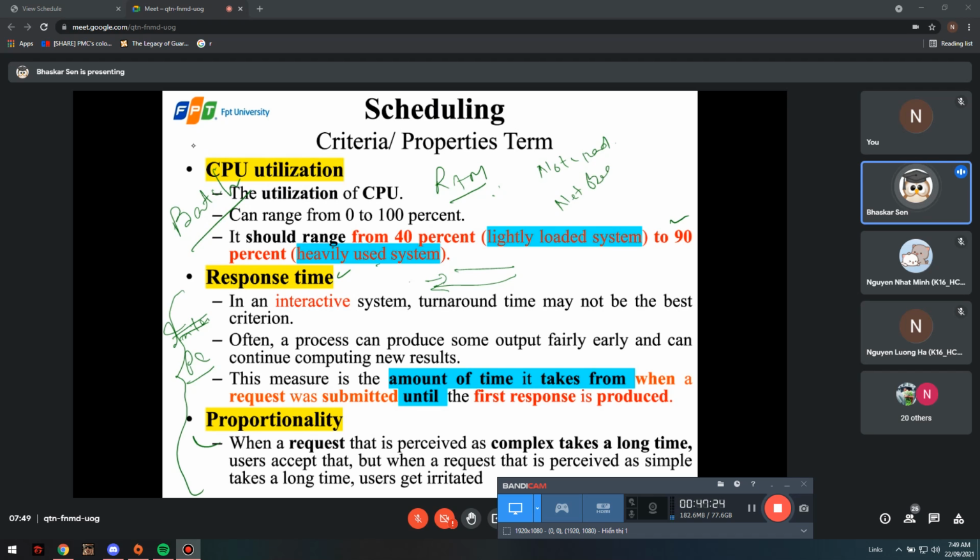Not sure if you have heard about that. NetBeans is an IDE for Java, a robust platform. When you start Notepad, it gets started in a split second and the window pops up. But when you run NetBeans, you may have to wait 4 minutes, 5 minutes, depending on the hardware speed.